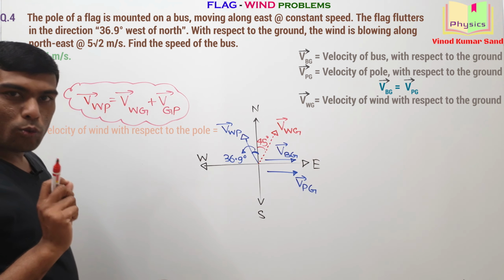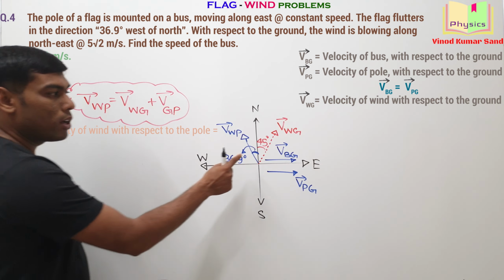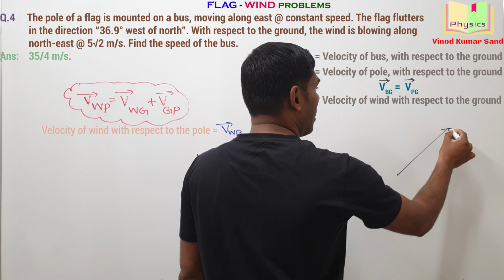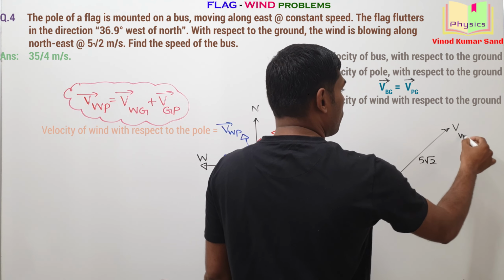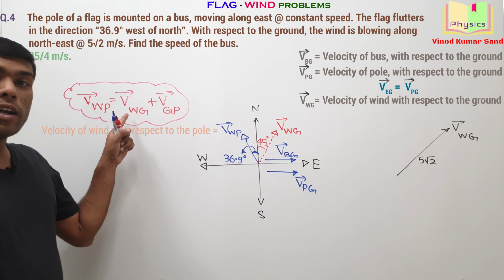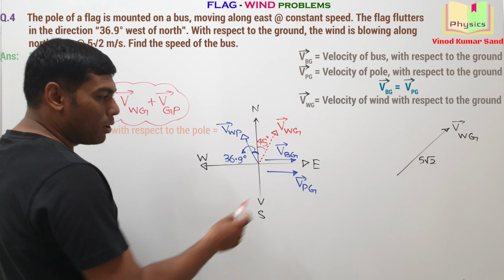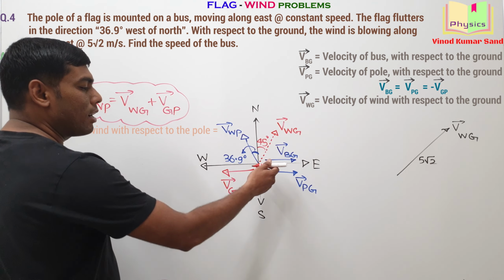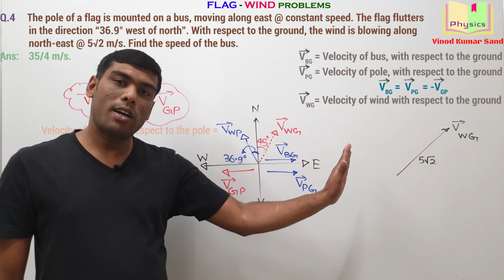Let's draw the vector diagram. Velocity of the wind with respect to ground is already known to us, this vector. So this length is 5√2. Here is the velocity of the wind with respect to the ground. In this, we have to add the velocity of the ground with respect to pole. I hope you know that velocity of the ground with respect to pole, that vector will be directed like this, because the pole is moving with respect to ground in the east direction.